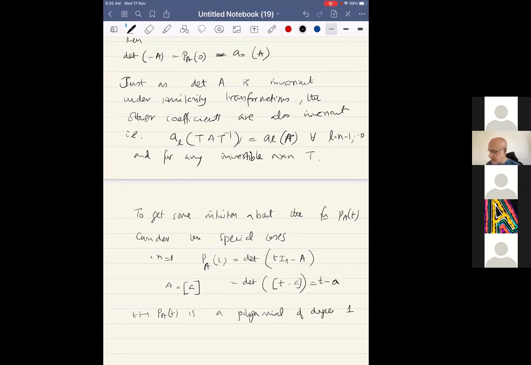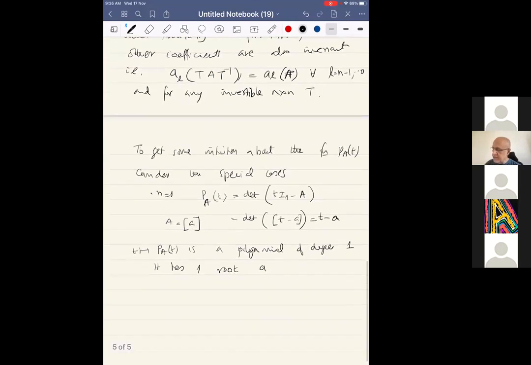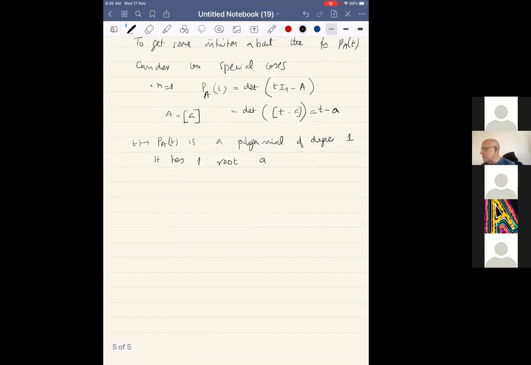So it's degree 1 and it has one root. What is the root of this polynomial? A. Okay, so it's a degree 1 polynomial and it has one root, A. Now let's look at n equal to 2.